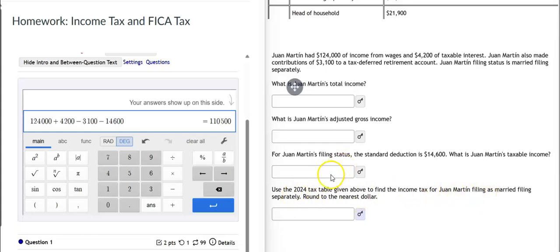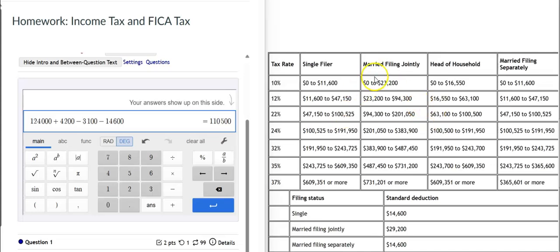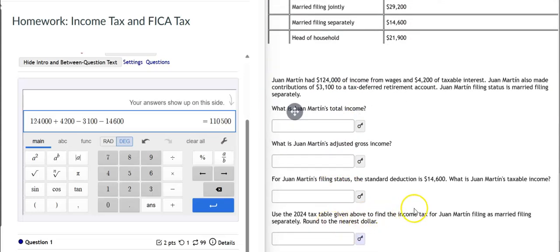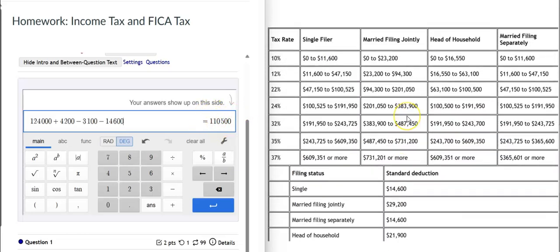Again, we use this tax table to find Juan Martin's income tax for his income, which is $110,500. Notice that this is the taxable income. So this taxable income is, let's see, he's filing married separately.